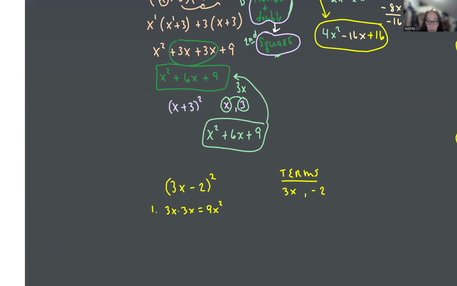Step two, multiply the terms together. -2 times 3x is -6x. Then we have to double that. So add on another -6x. That gives us -12x.